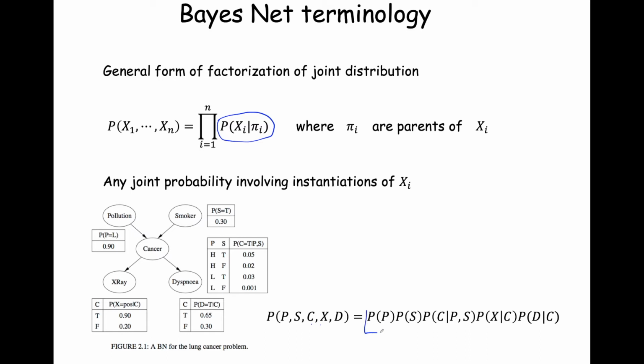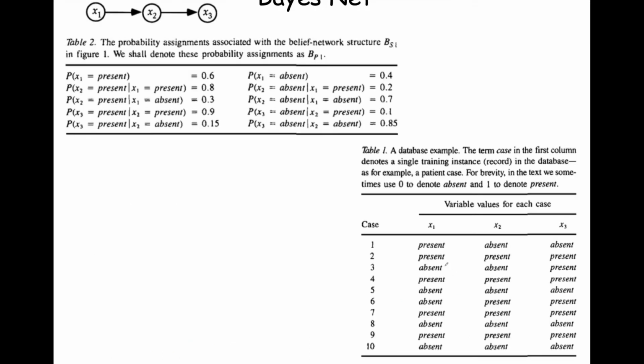And so if you were to do out the math, expanding out the product rule and so forth, you would actually be able to get back to this joint distribution from the product of each one of these factors.